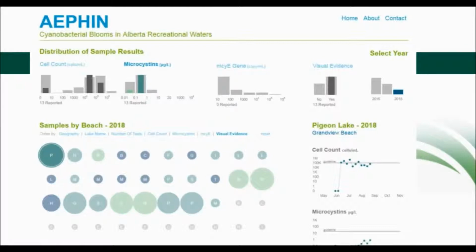Alberta Environment Public Health Information Network is now also publishing data in terms of cell counts and microcystins throughout the bloom monitoring season, so you can pick lakes and compare between them. So this is one way that's improving access for homeowners or public health agencies to see which lakes they should be concerned about and what types of levels they're seeing.